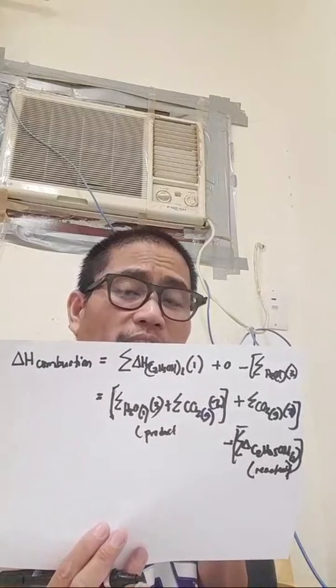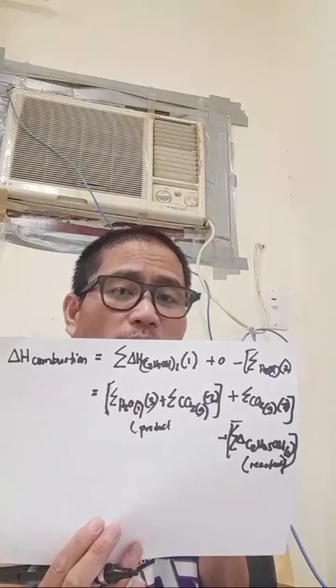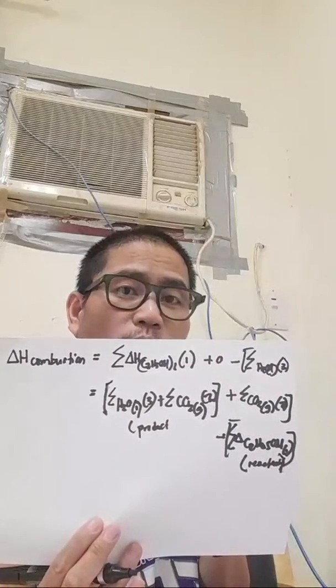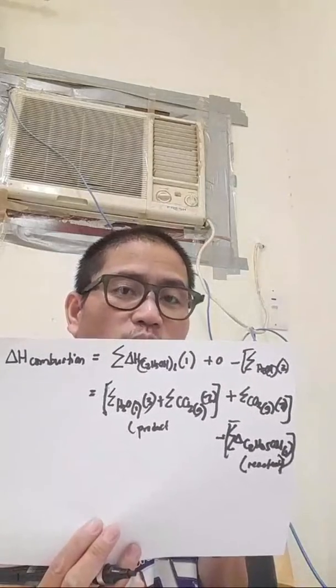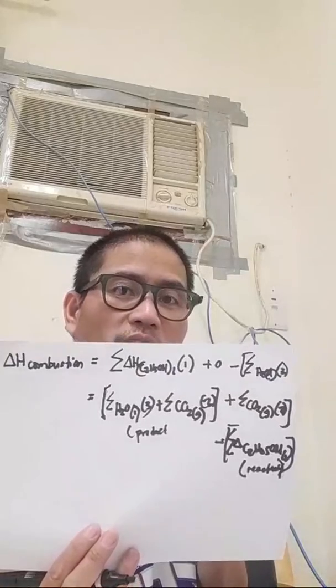But if the values given in the problem don't contain the number of moles in the denominator, then no need to multiply that with the number of moles. So substitute values. Be careful in this. This will be the very crucial part in the substitution, especially if you are very fast in solving the problem, then you will mislead the negative sign.